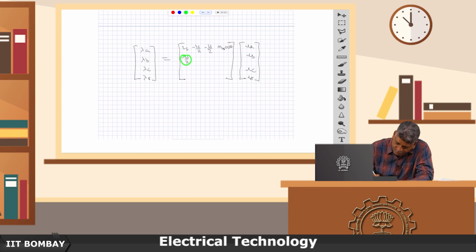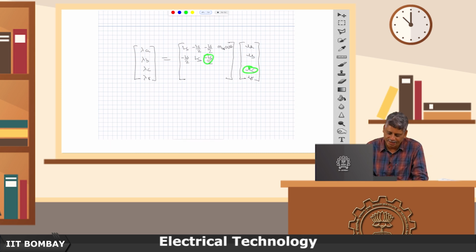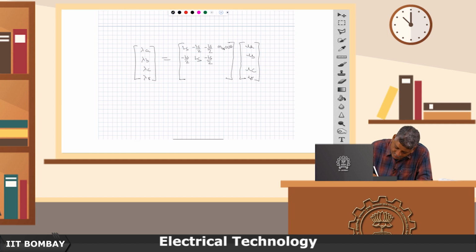So, the flux created will be minus Ls by 2 into IA, then its own self inductance being Ls, the flux linkage will be Ls into IB, then between B and C again minus Ls by 2. So, the flux linkage term is the product of minus Ls by 2 into IC.